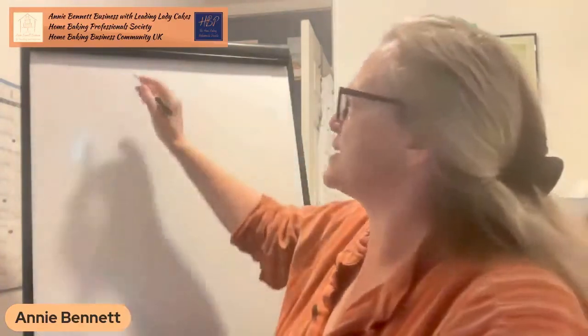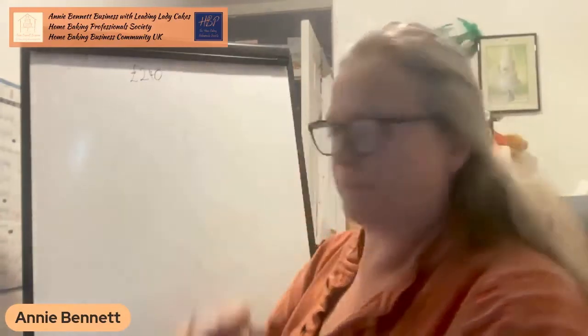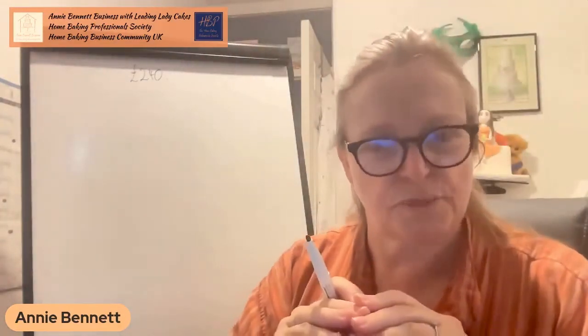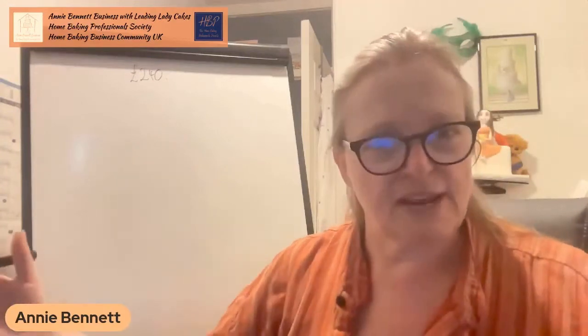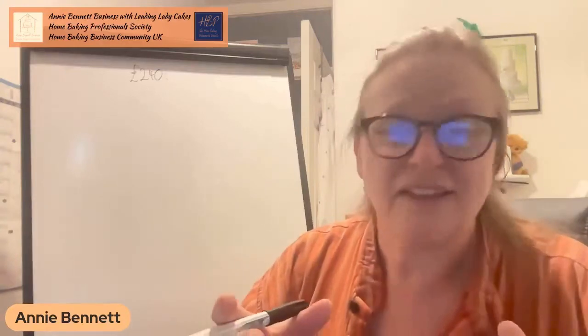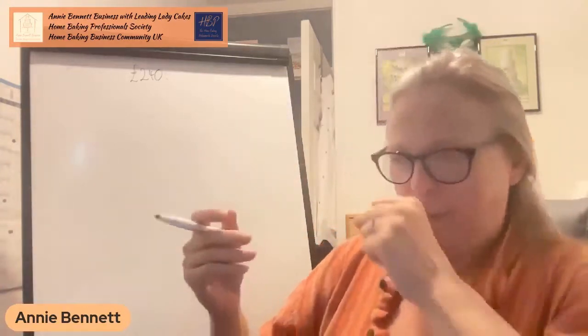Oh, okay. So here we go for the next bit. It's the dividing up. So let's say we've got £240 a month. We have to share that £240 amongst everything that we make in a month. As I say, you can do it weekly if you want to, but monthly just makes a little bit more sense.